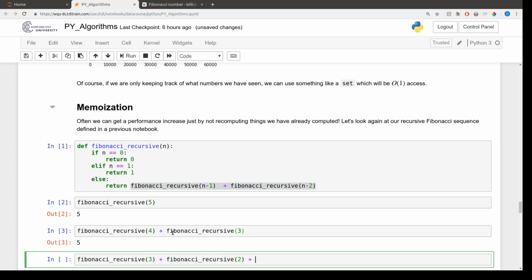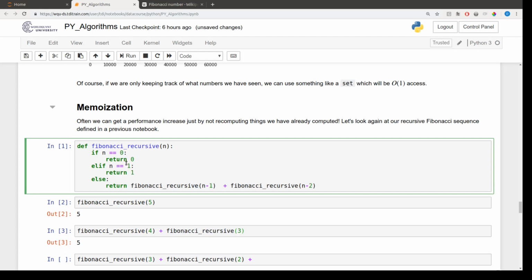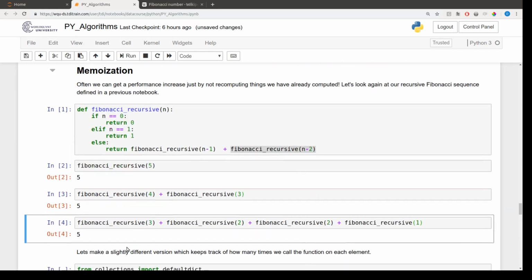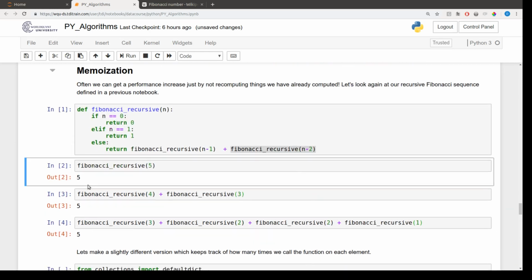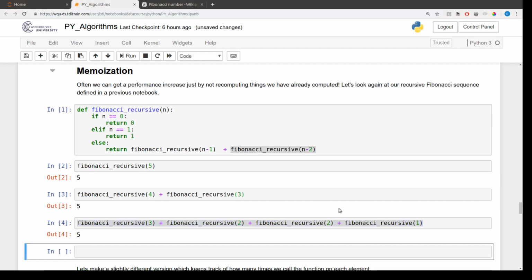And on the right-hand side of this addition, again, 3 is not 0 or 1, so we would end up with Fibonacci 2 and Fibonacci 1. And we can see as I expand this out, we're getting the same result each time. I'm essentially breaking down the stack of recursive calls to this function, the sequence of recursive calls.